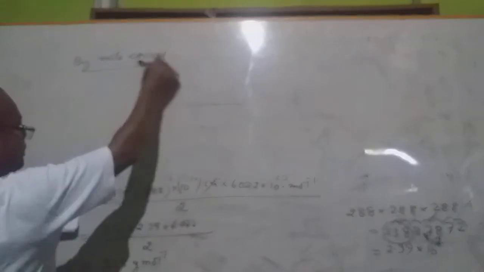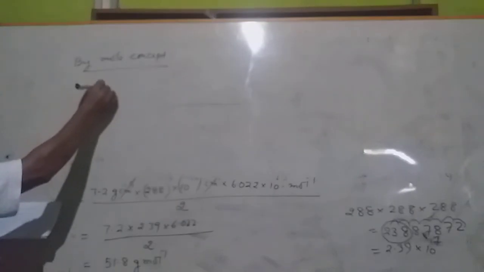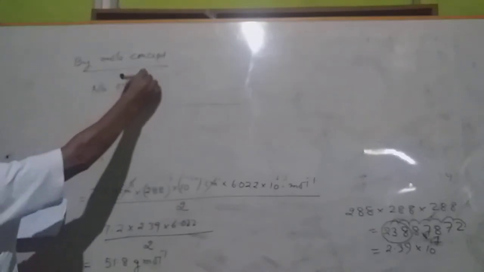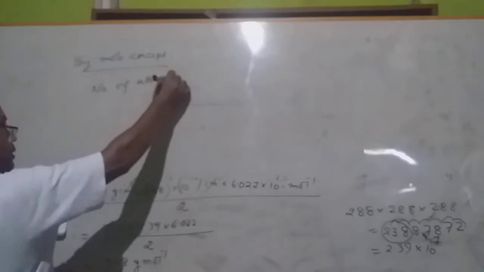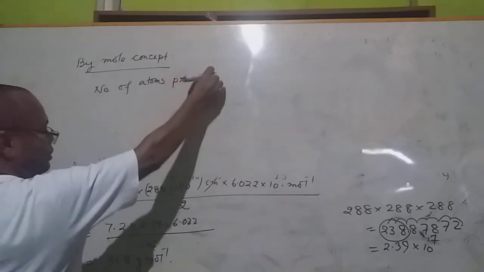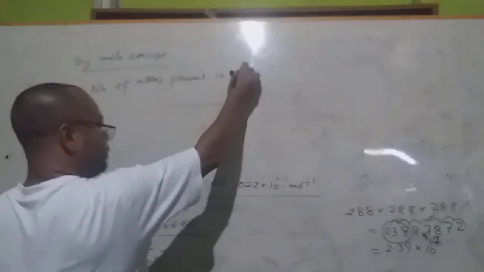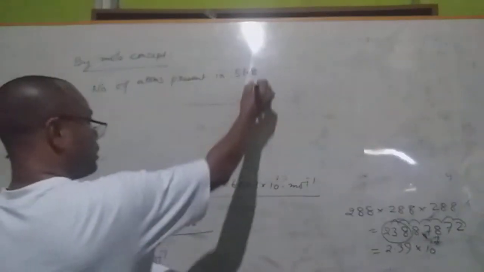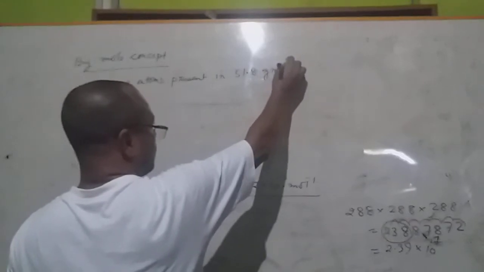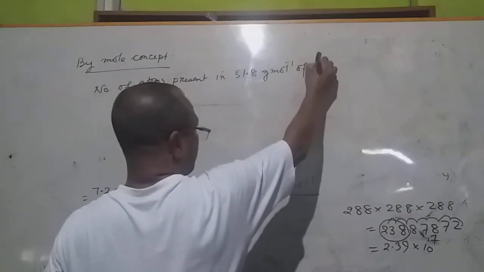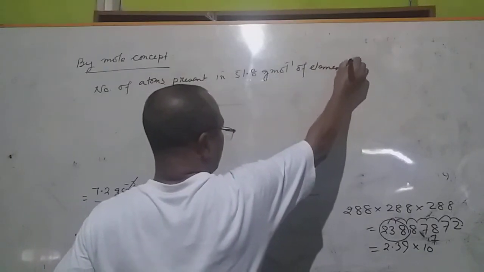For the mole concept here, I write the number of atoms present in 51.8 grams per mole of the element. So how much is present?